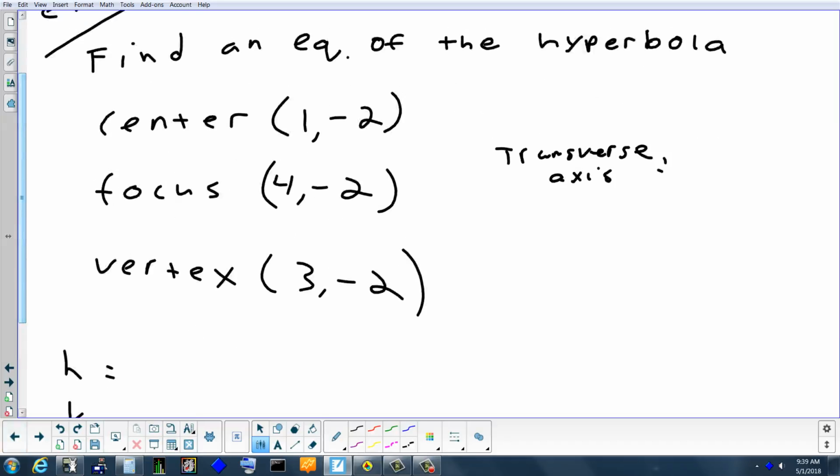So your center is right 1 down 2. Your focus is right 4 down 2. Your vertex is right 3 down 2. They're all down 2. So which way does the transverse axis go? Yep. Horizontal. It's horizontal.